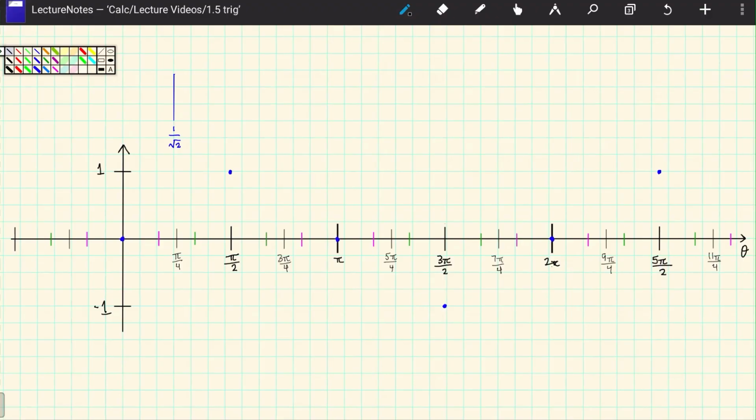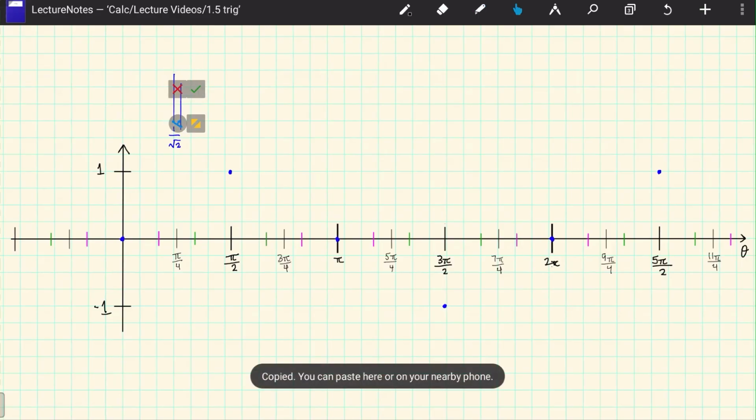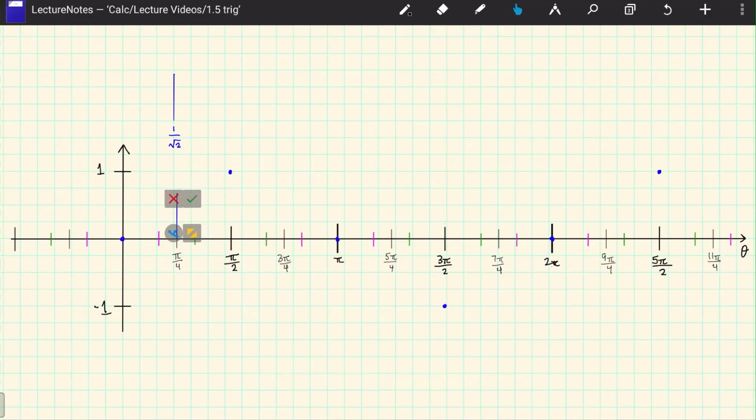Okay. And so I'm going to take this. Here's my length. This is my y coordinate at pi over 4, and I'm going to put this here, and that actually gives me my height of that point. Okay, and I'm going to look at 3 pi over 4.